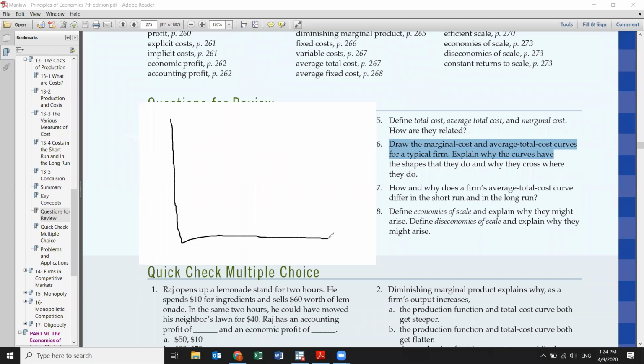So this is the diagram. This is, let's say, average total cost. And this is marginal cost. So they're telling us to describe the relationship.